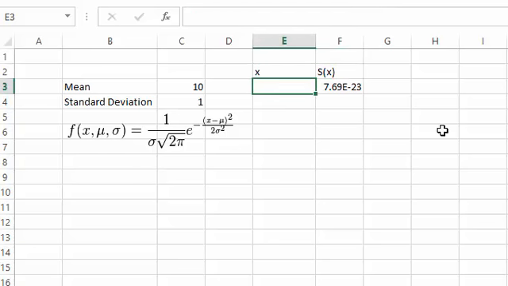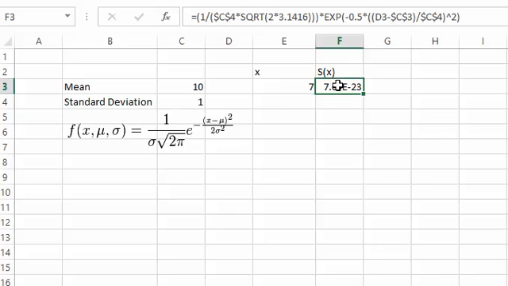It depends on where you want to start. Since our mean is 10, we can start on the far left side, and since our standard deviation is 1, we can start maybe at 7, like 3 standard deviations away. So that's our 7. Let's make sure that the formula is correct.